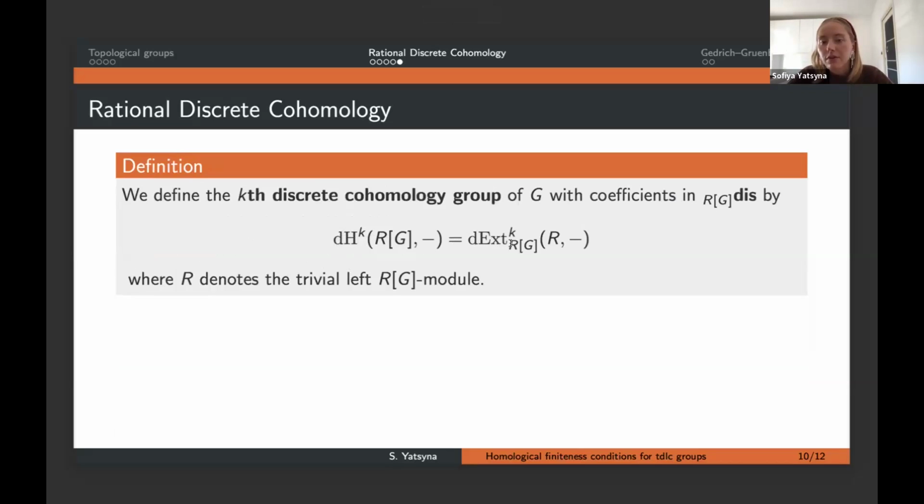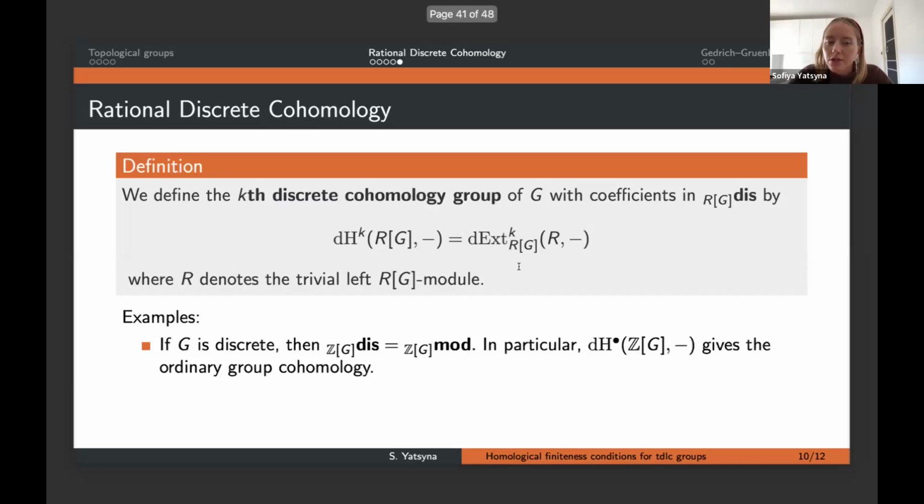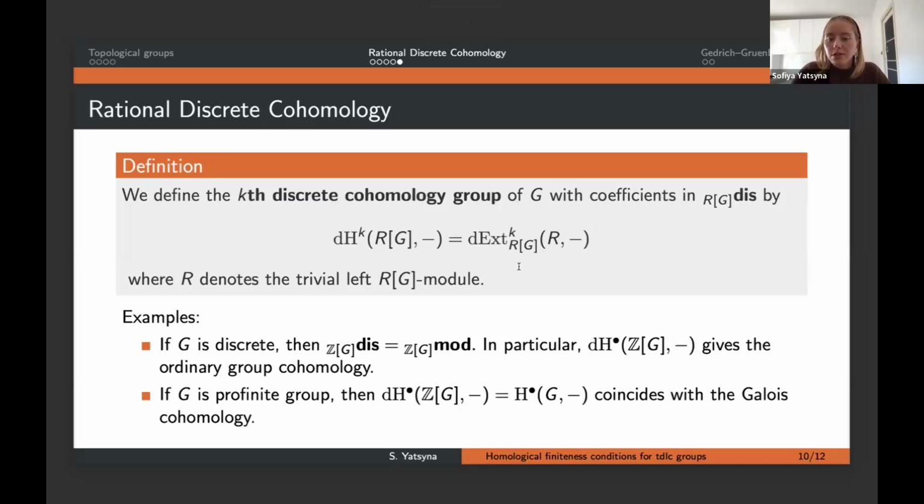They have their own version of the Ext functor where you apply the discretization functor onto the Ext functor, and R denotes the trivial left module. So what do we get when this is a discrete group? Over the integers, we just get back ordinary group cohomology. And when we look at a profinite group, we get the Galois cohomology of this group.